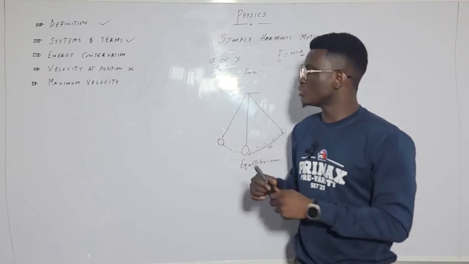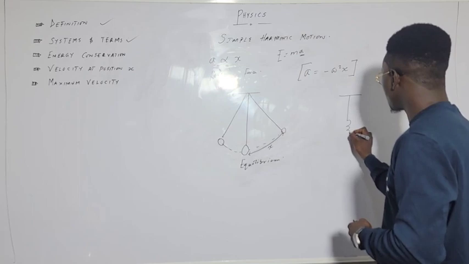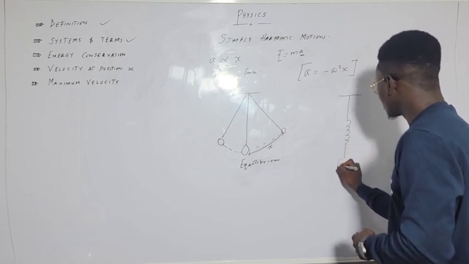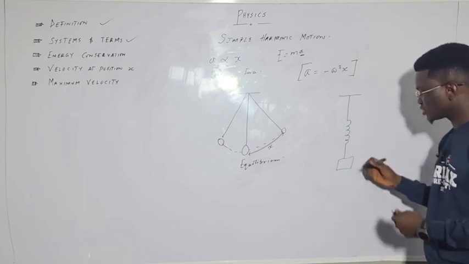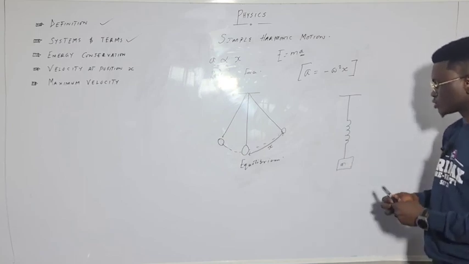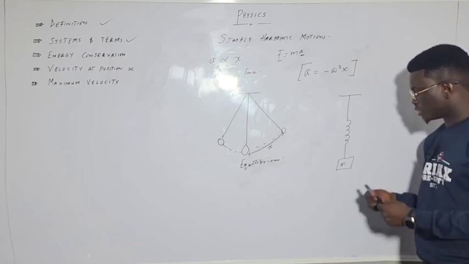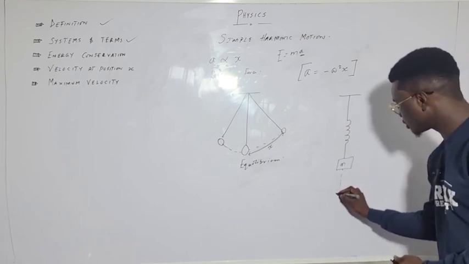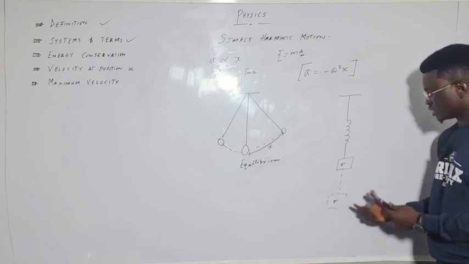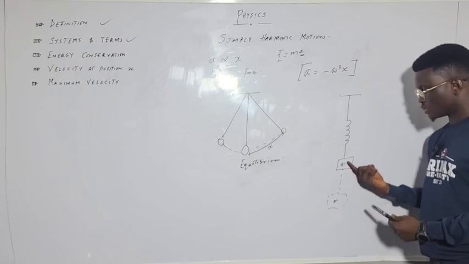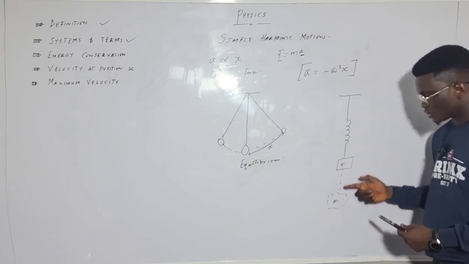You can imagine you have a mass on a spring. This is a spring. So this mass is on a spring. If I pull this mass down, this mass of a body or a block, so I pull this block down, then I let go, what do you think will happen? By the time I pull it to this position and I let go, you notice that this body will come back to this position, then spring up a bit, then come back to that equilibrium position, then go down.